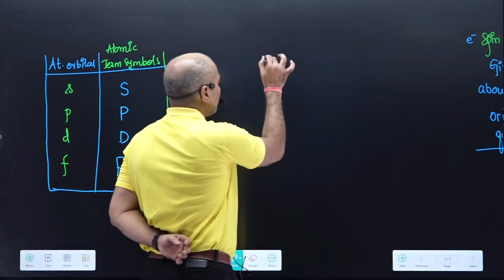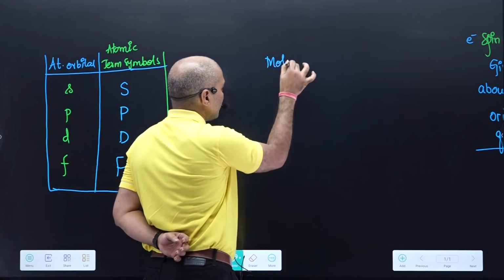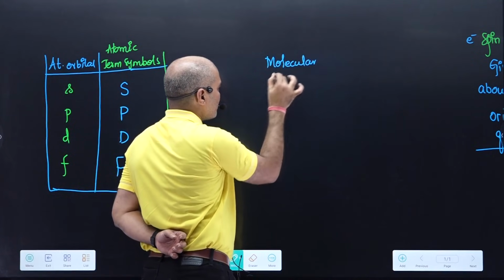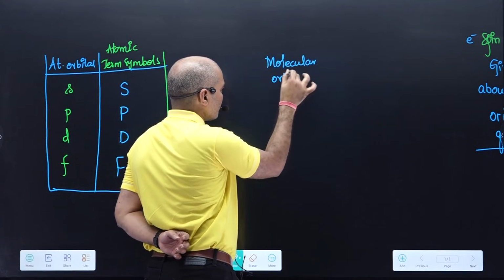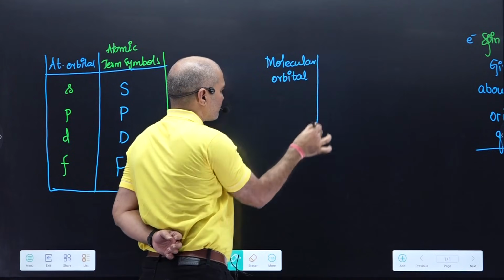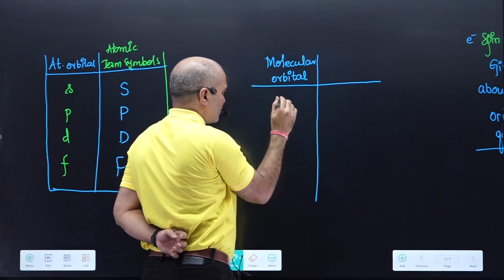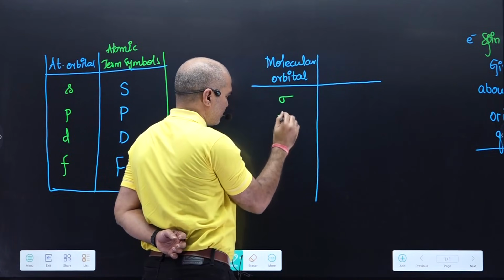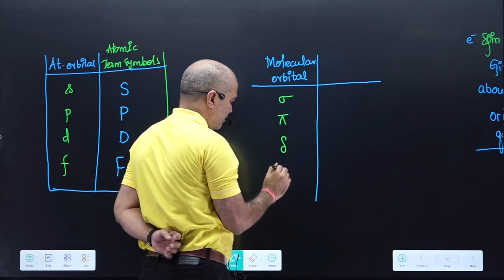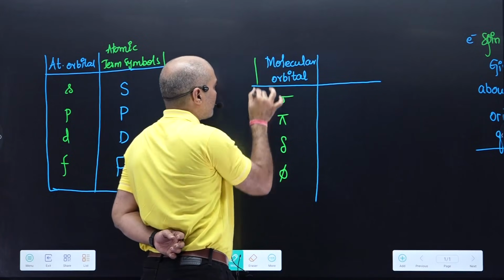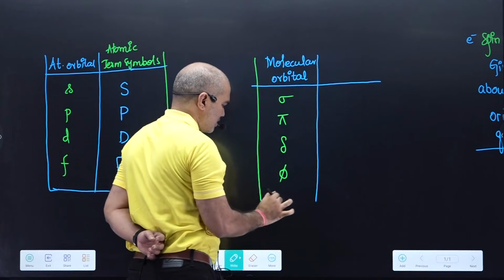Suppose I ask you about molecular orbitals, what are the various molecular orbital symbolisms? Sigma, pi, delta, phi. These are molecular orbitals.